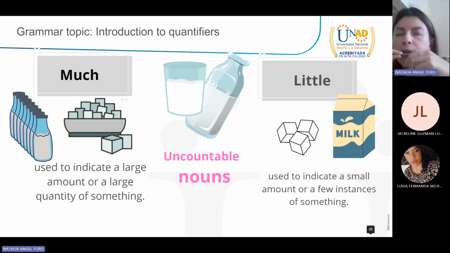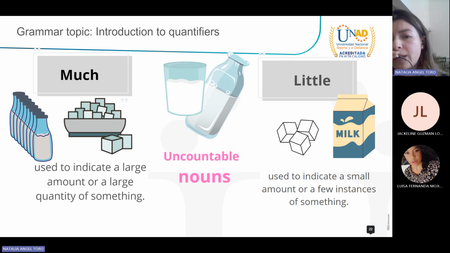Much will help you when we have to ask questions to somebody, but also when we talk in an affirmative way. And that's really important because sometimes, even if we have a higher English level, people get confused with that, specifically with little, because they confuse little with few.